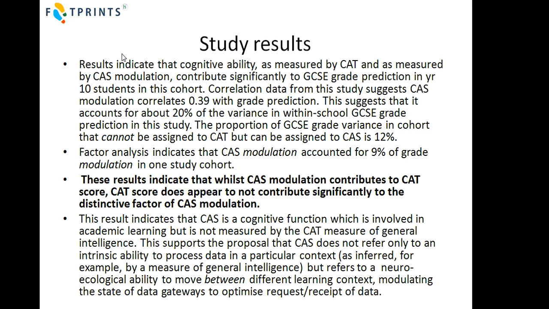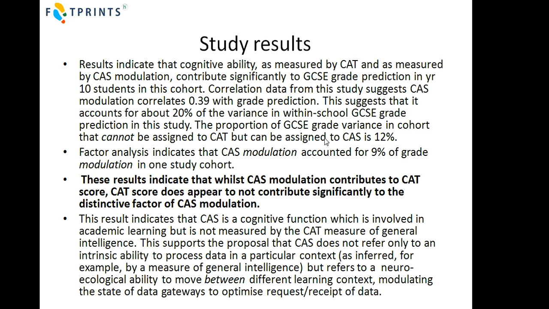We also found that the proportion of GCSE grade variance in the cohort that couldn't be assigned to CAT, in other words to the CAT cognitive ability test results, was able to be assigned to CAS. We identified this through factor analysis, and we found that a proportion of variance loaded onto CAS but did not load onto CAT.